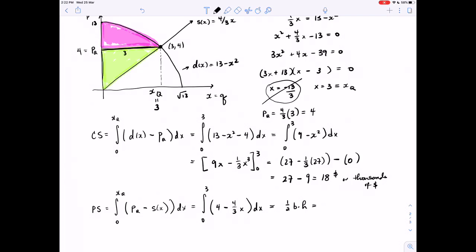My height is this distance right here, and I know my height is 4. So 1/2 of 3 times 4 is going to be 6. And again, dollars, thousands of dollars, or who knows what the units are for these things if you're not told.